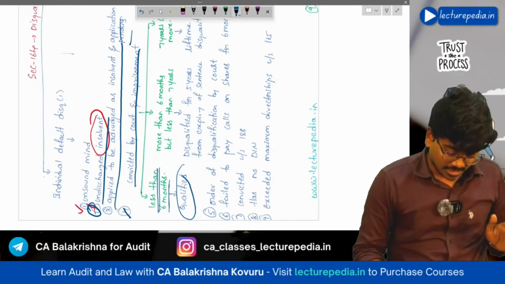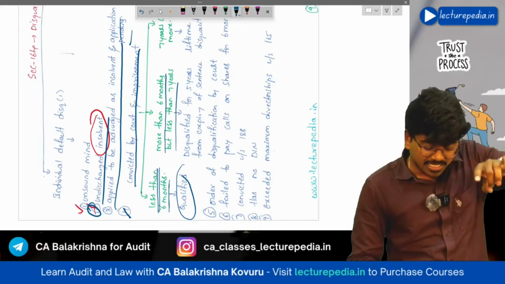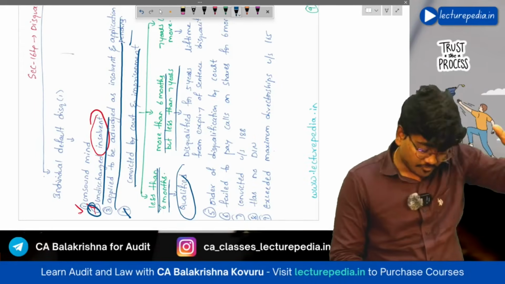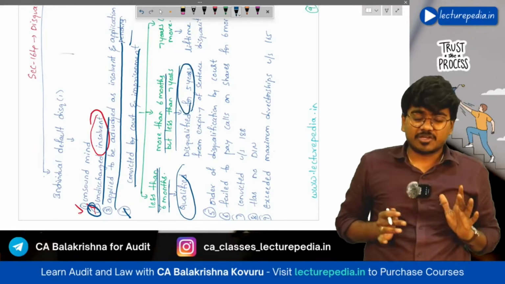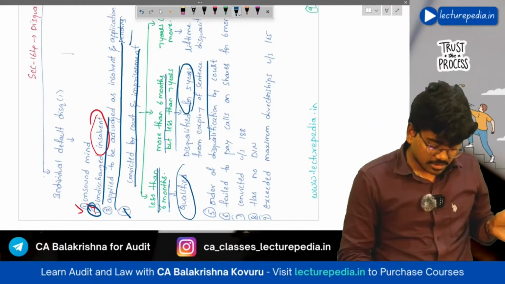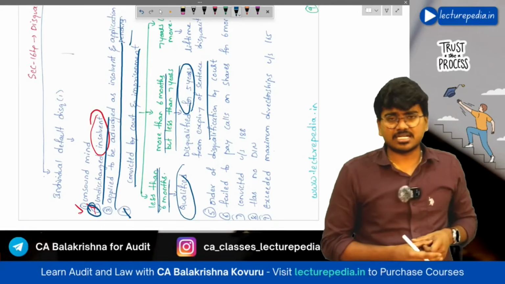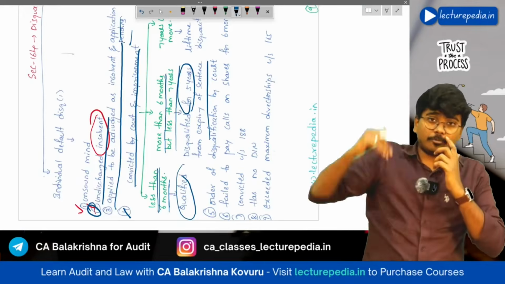But if the imprisonment is more than 6 months but less than 7 years, in such a situation he will be disqualified to be appointed as a director for a period of 5 years from the date on which his sentence expires. From that date, for the next 5 years he cannot be appointed as a director.